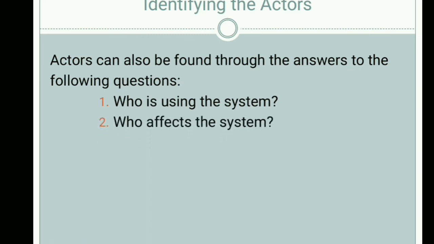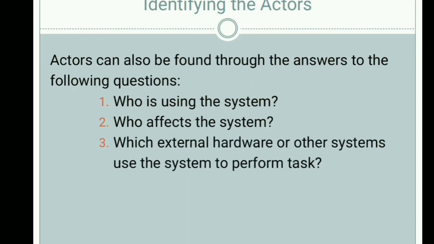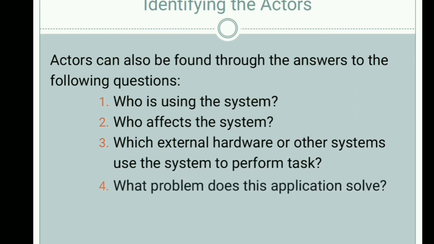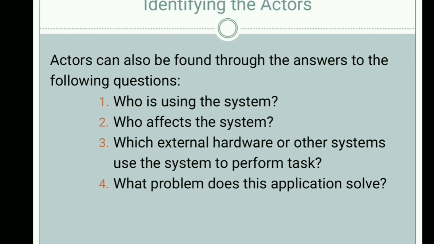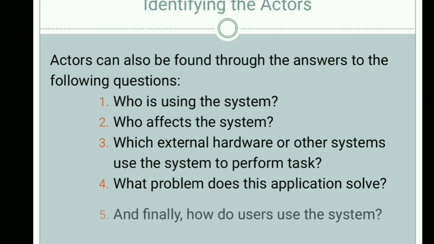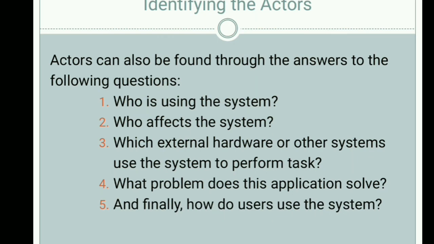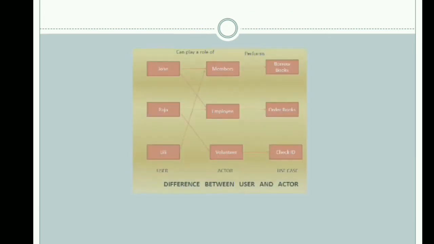As I already told: who is using the system, who affects the system, which are the external hardware or other systems, who provides information to the system, who are the end users of the system, what problem does the application solve, who is going to maintain the system, how do users use the system.